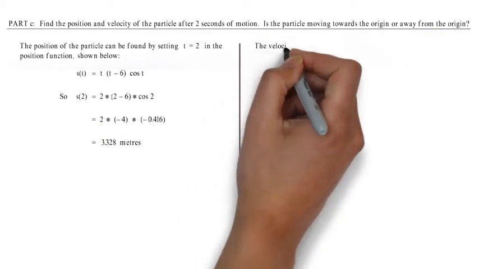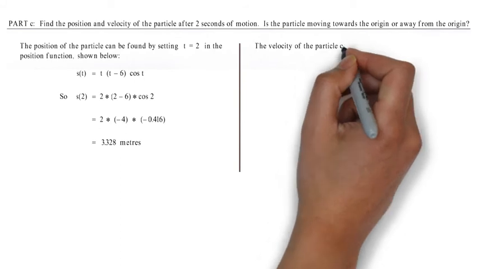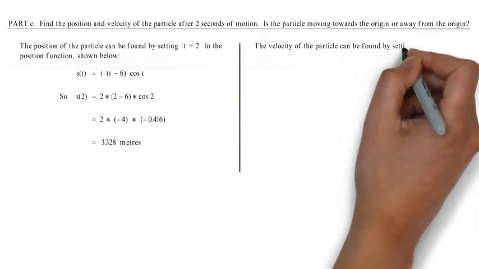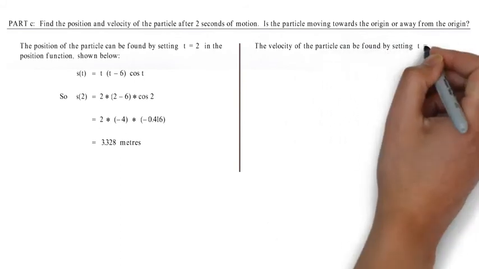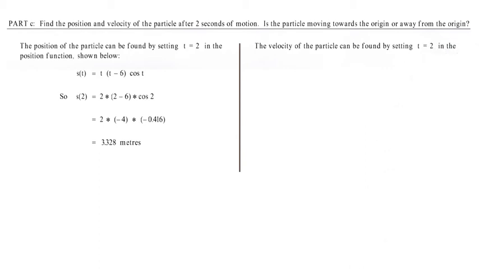The velocity of the particle can be found by setting t equals 2 in the velocity function shown below.